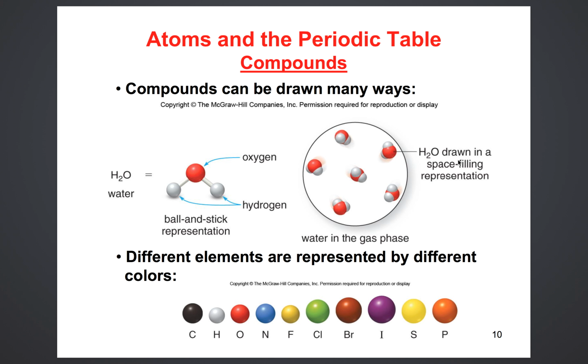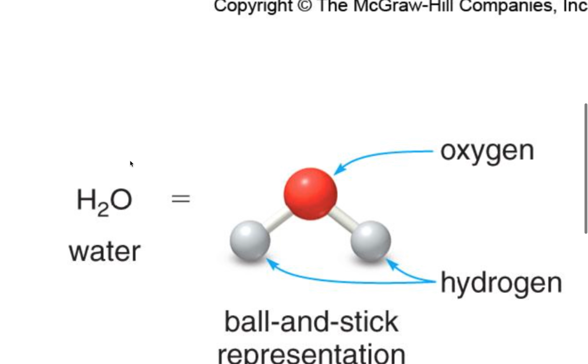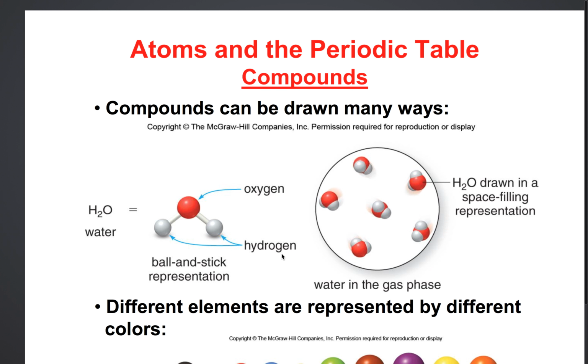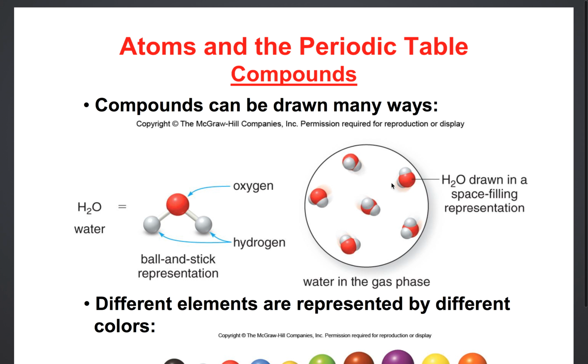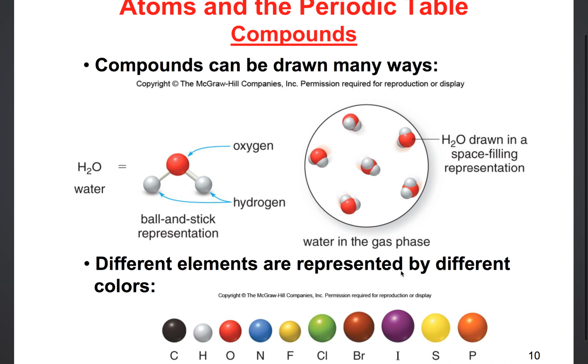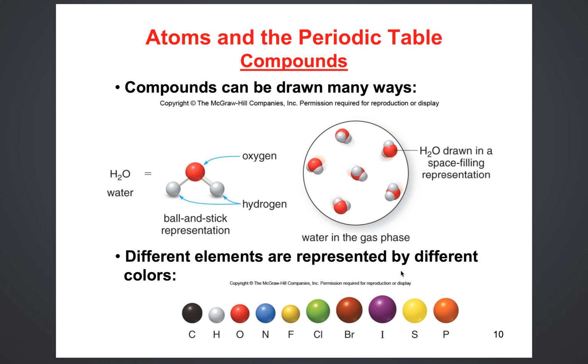Compounds can be drawn in many different ways. This is an example. Here we go. H2O is water, and here we have an oxygen and two hydrogens in a ball and stick representation, and here we have H2O drawn in a space filling representation. You might have studied this in high school, where you had to do modeling of compounds.